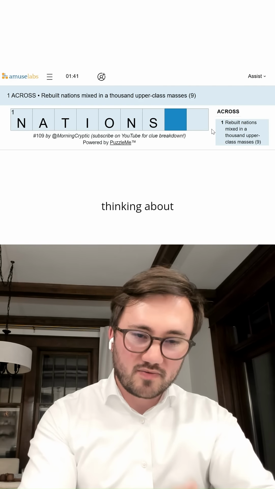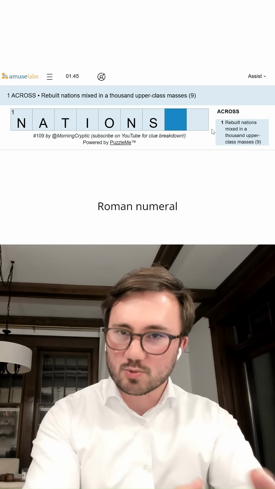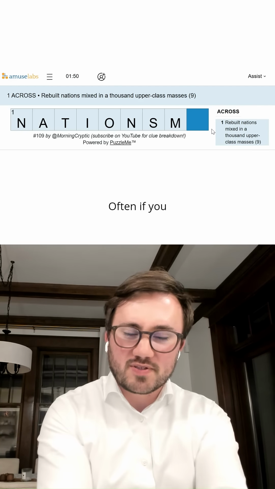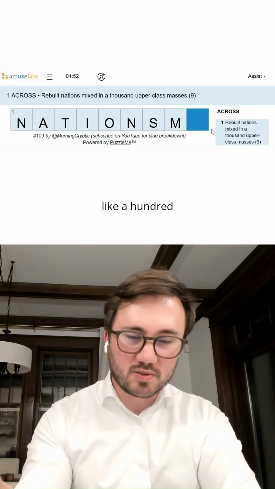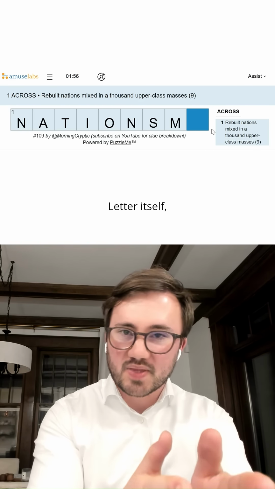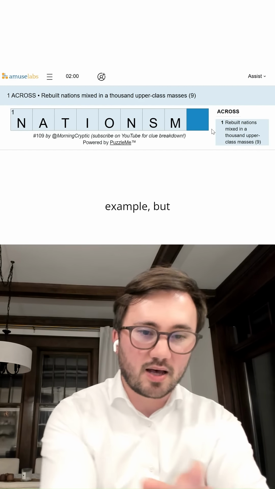The other way of thinking about it, shortened, is, of course, 1,000 is a Roman numeral, which is the letter M. Often, if you see a number like 100 or 1,000, you shorten it down to the letter itself. So 100 might be a century for C, as an example.